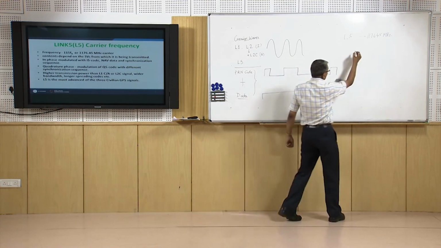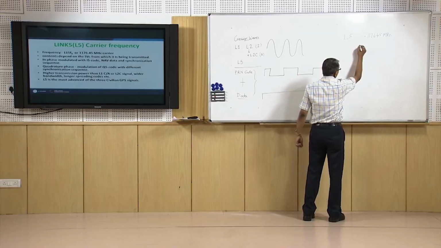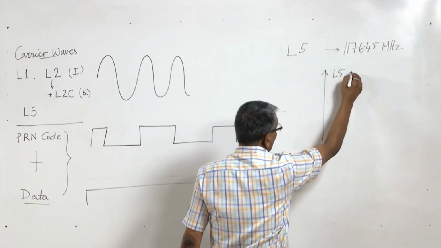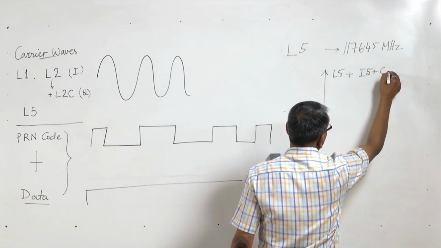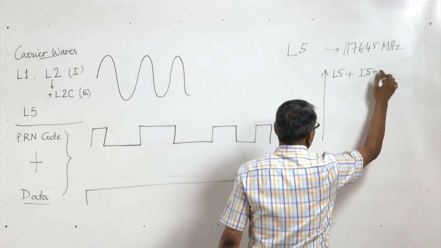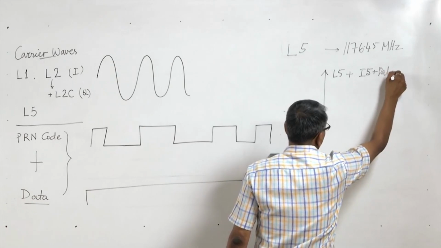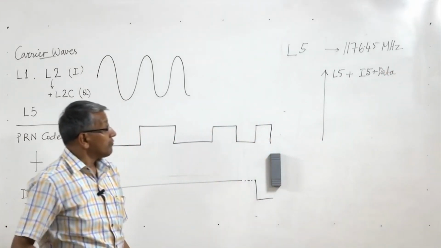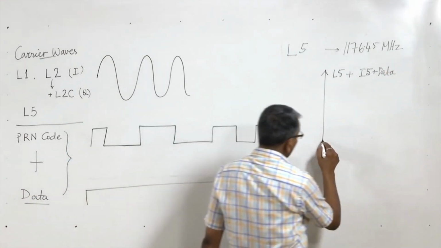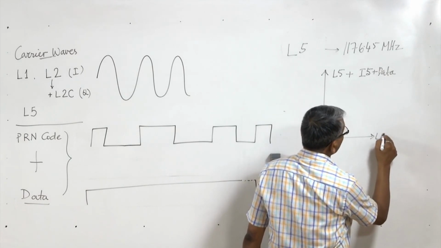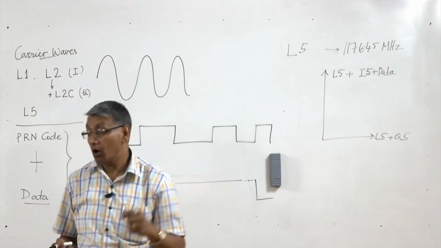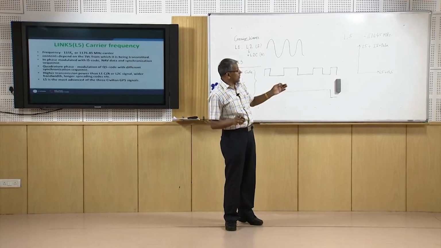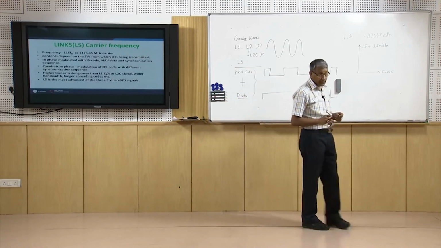Now again in L5 also, in phase, the L5 signal will be associated with the I5 code and data. And in quadrature phase, the L5 signal will be associated with the Q5 code only. So it will not be having any data.